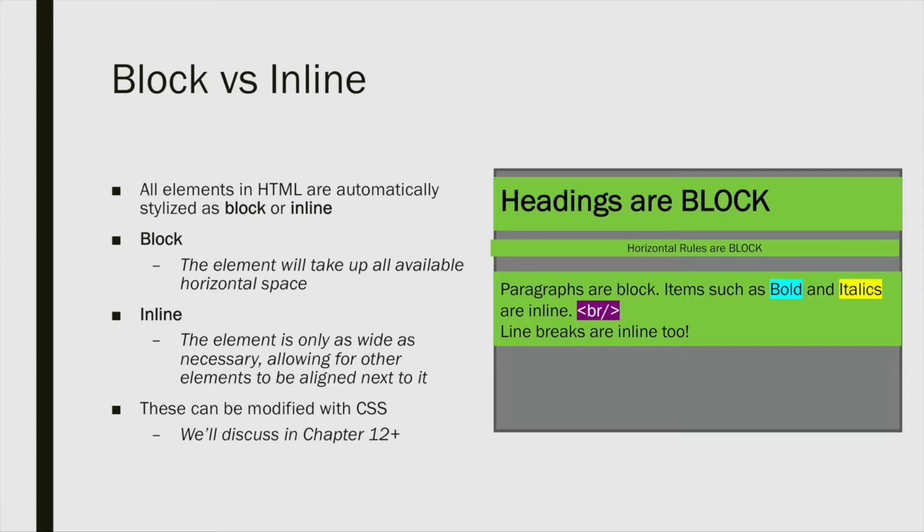These can be modified with CSS. We'll discuss more about that in chapter 12 and beyond. But right now, if you have two headings such as H1 and H2, those will be on different lines, whereas a bold or an italicized item will be side by side because they are in line.